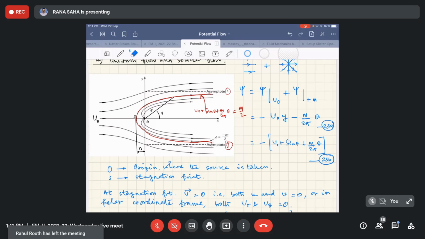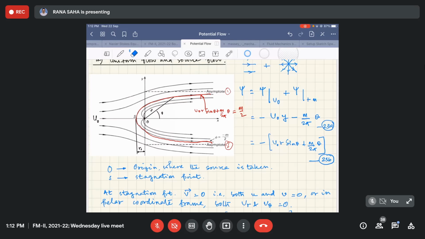After getting the stagnation point, what have we done? We have tried to find out the value of the stream function at the stagnation point, isn't it? So what is the value of the stream function at the stagnation point of that particular combination of flow that we have tried to obtain?